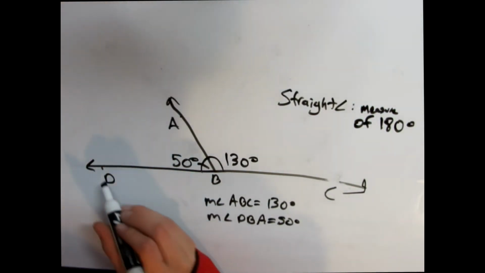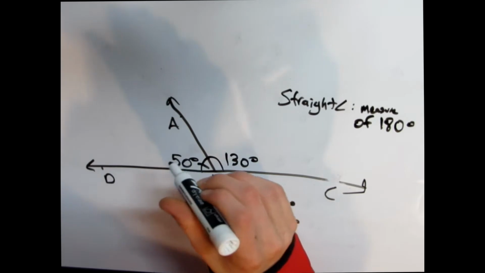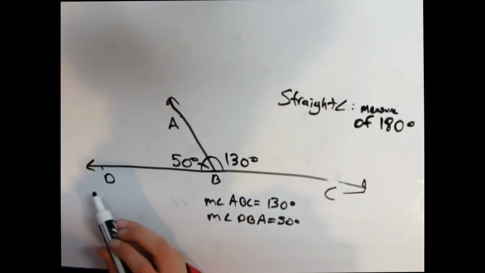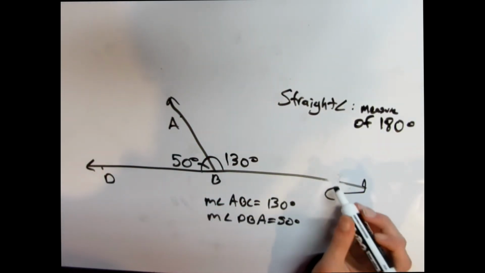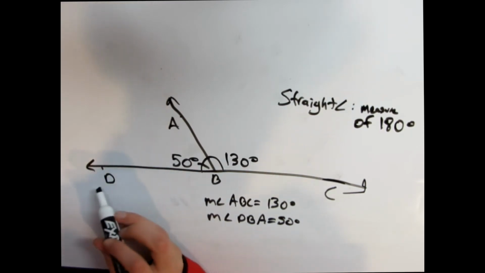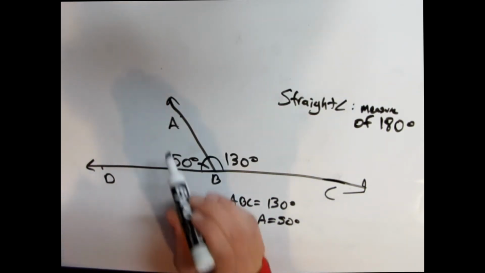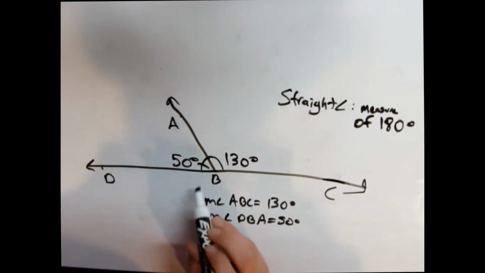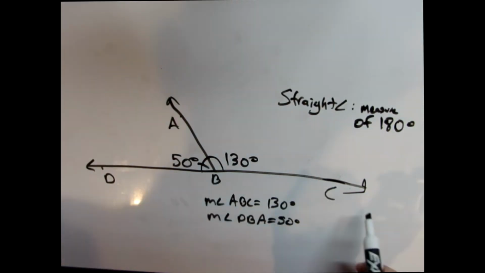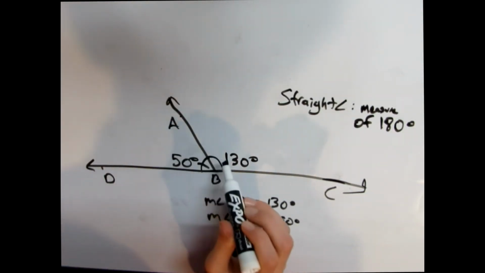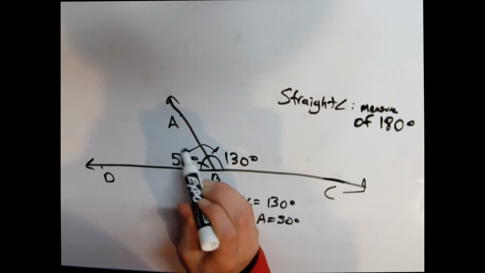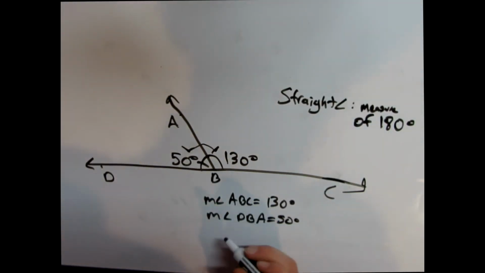And we can see that angle DBA and angle ABC both lie on this straight angle DBC. So they add together to make angle DBC. And if we see the measure of angle ABD and angle ABC, they both add up: 50 degrees plus 130 degrees is also equal to 180 degrees.